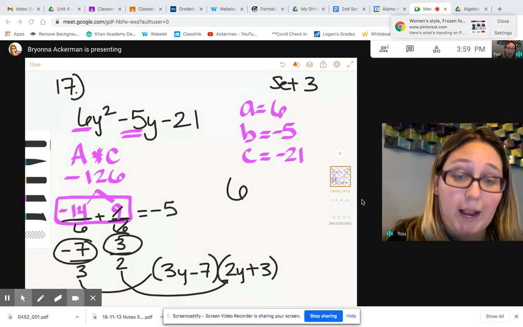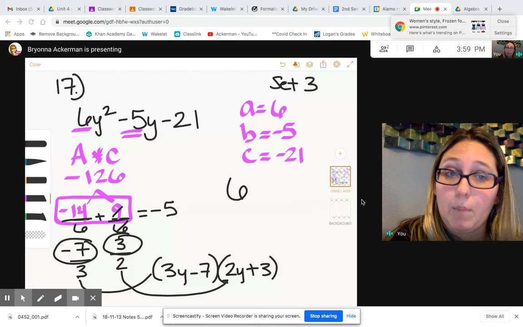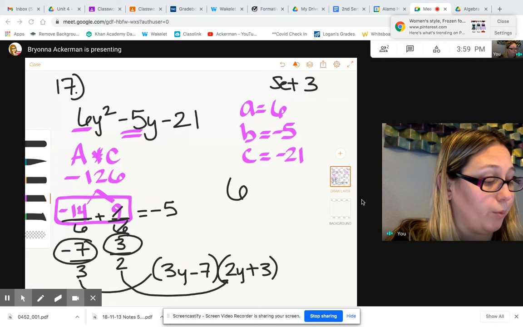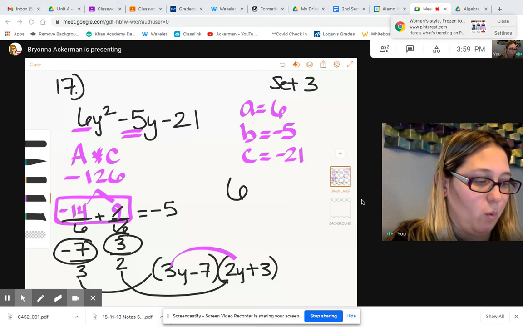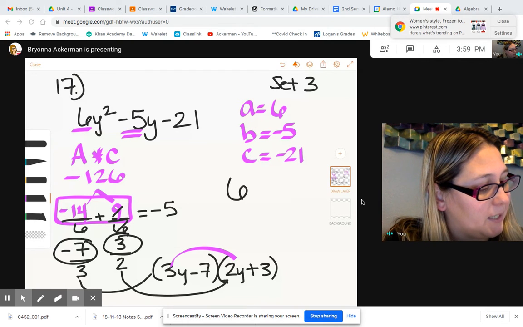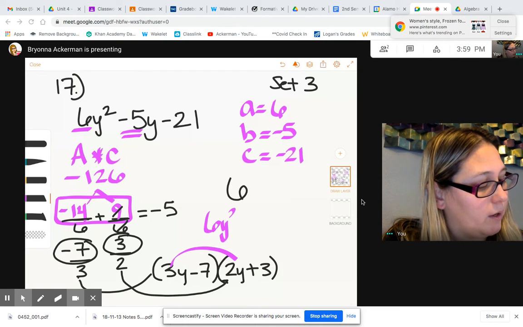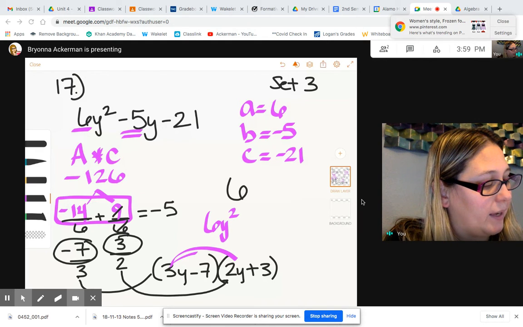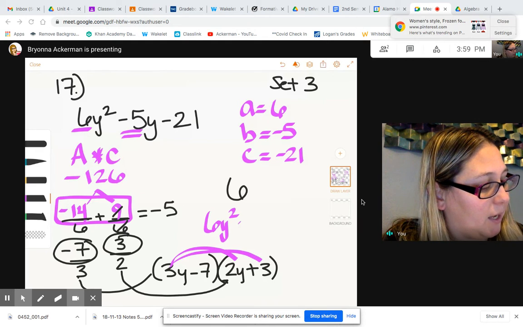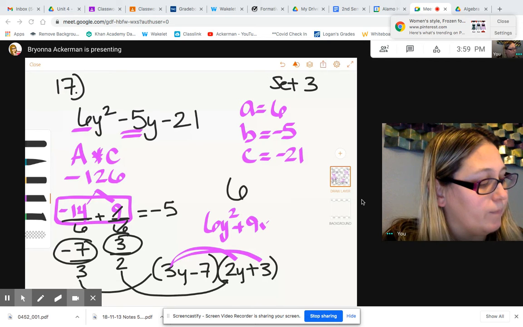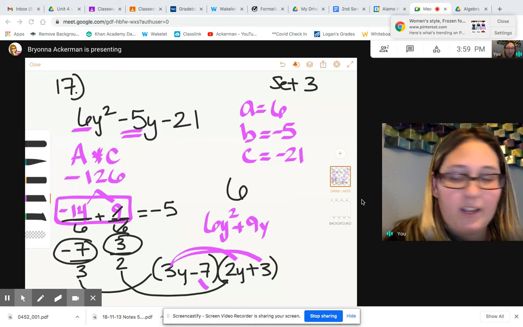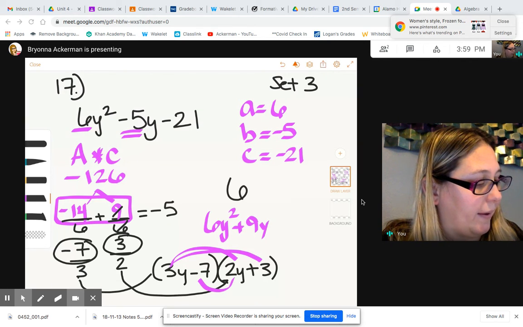Now, there are other ways to do this, so you need to make sure that you have done it correctly. To check it, you re-multiply this out. We're going to do 3y times 2y, which gives me 6y squared. 3y times 3 gives me 9y. A negative 7 times 2y gives me a negative 14y.